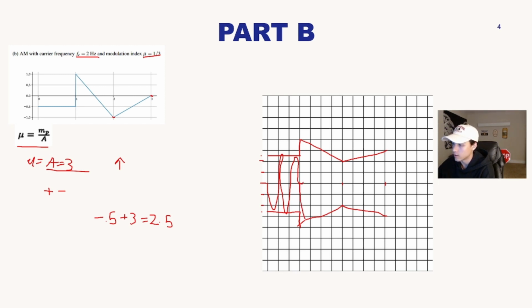So it goes down all the way, up all the way, right? And then again here. Right? So all these points should be touching the tops of the modulated signal.